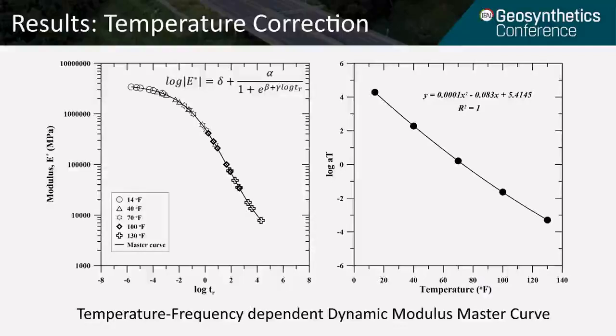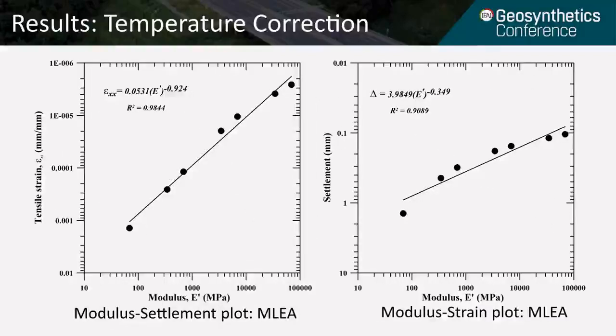Further, making use of this master curve and the complex modulus equation, we determined the modulus values for test sections corresponding to the temperature at which the PLTs were performed, and also at a standard reference temperature of 77 degrees Fahrenheit. Further, we performed a multi-layer linear elastic analysis for the pavement test sections and repeated for different asphalt modulus values, and the corresponding surface settlement and tensile strain at a depth of 6 inches were determined and plotted as shown in the figures.